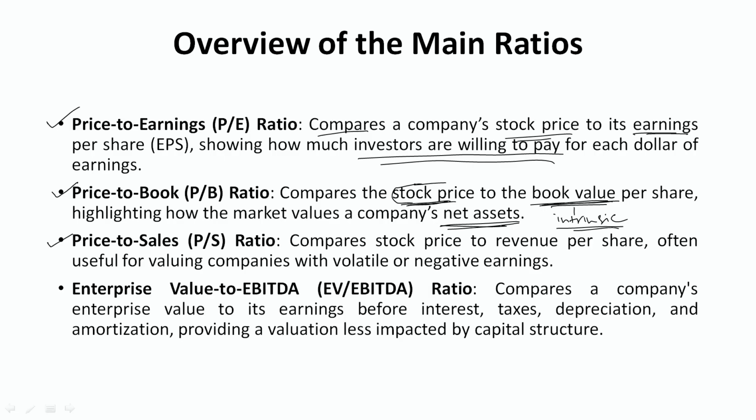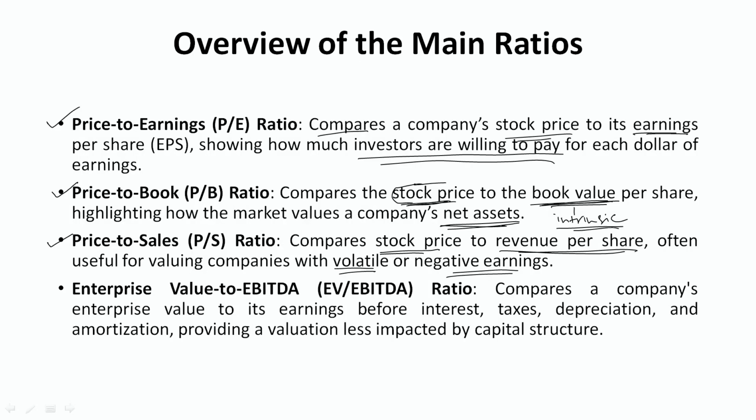The next type of ratio is price to sales. So here the stock price is determined based on the revenue per share, and it is often useful for valuing companies which are highly volatile or have negative earnings. So here sales is considered as one of the factors which is going to have an impact on the market price of the share.